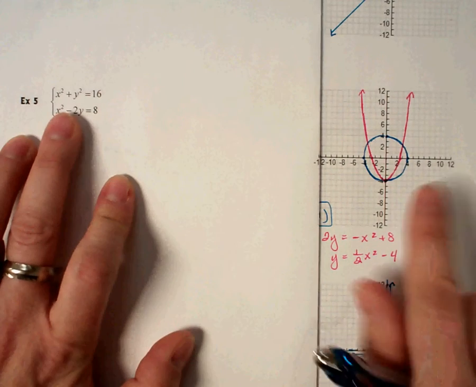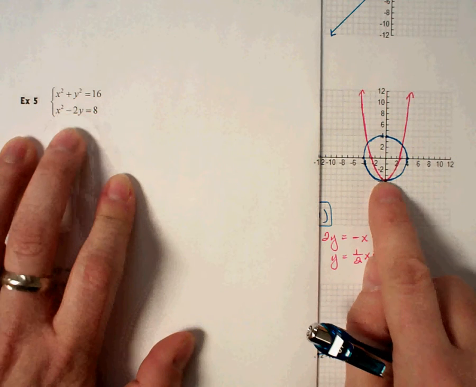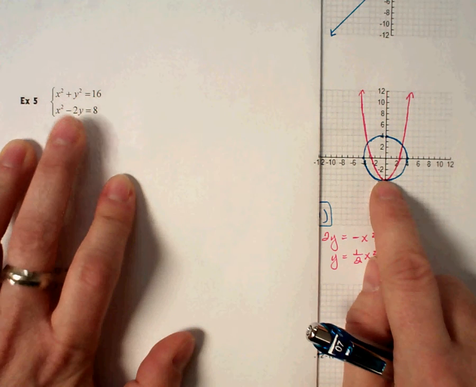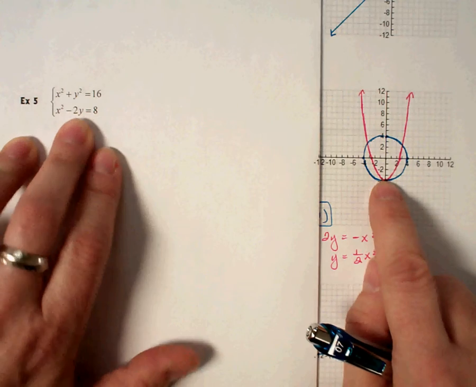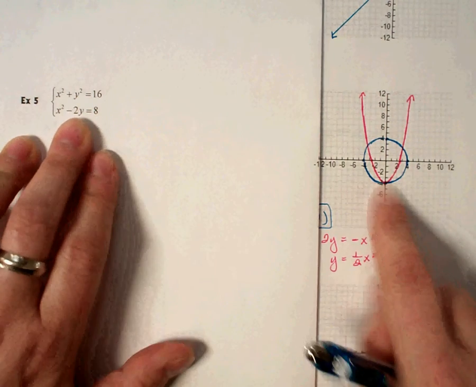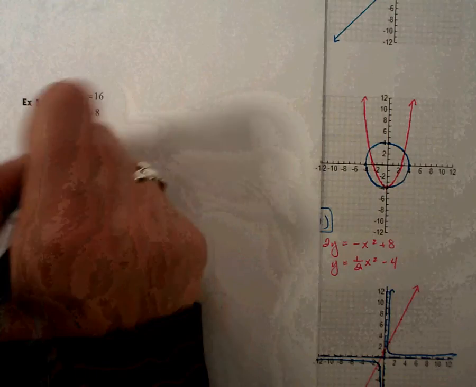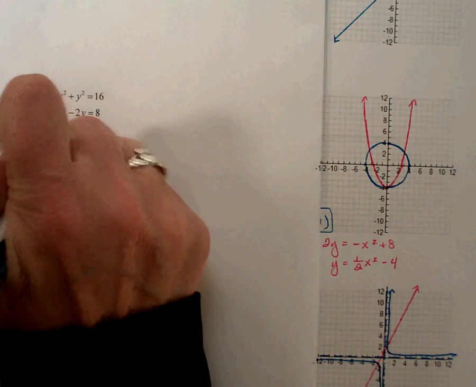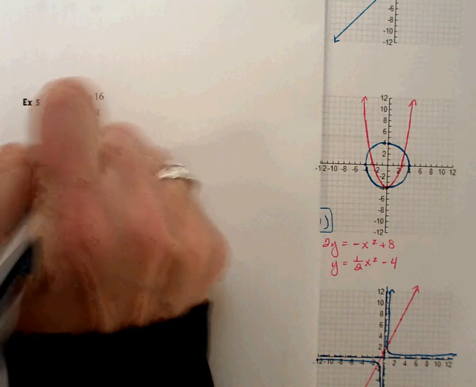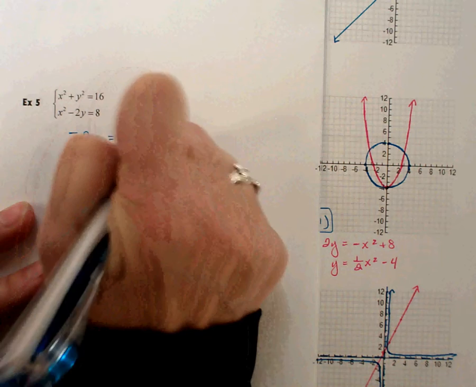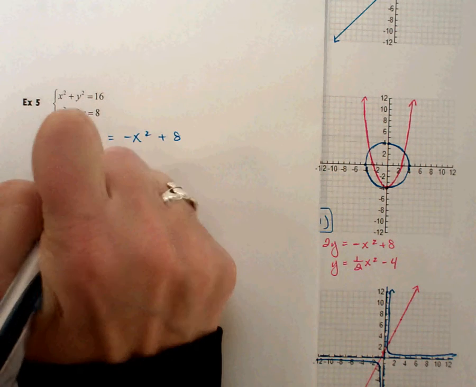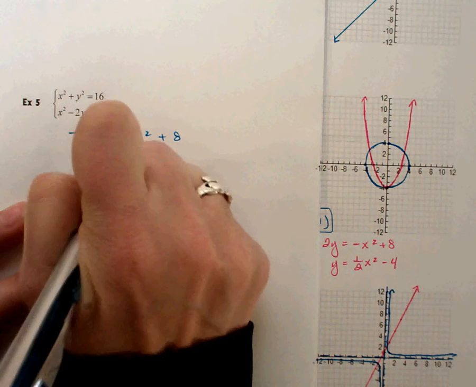On example 5, I have another circle, and this time another parabola. This parabola is going to take a little bit more work to rearrange it. If I want to rearrange this one, I would go ahead and I'd have my -2y equal to -x squared plus 8, and then I would go ahead and divide by 2.